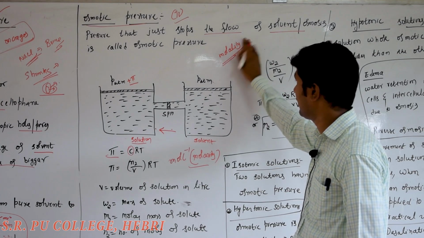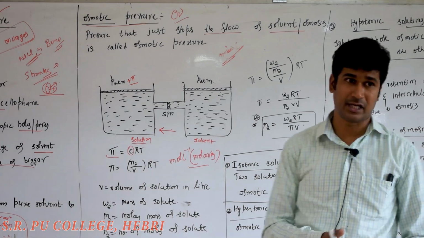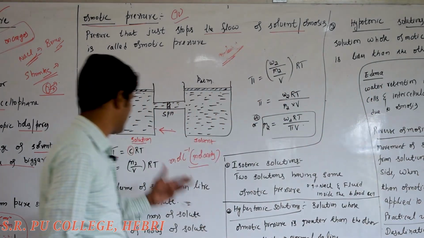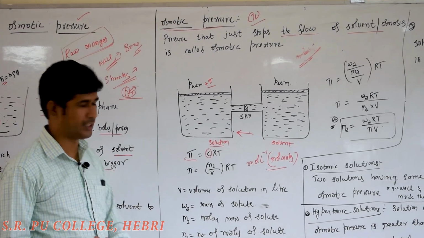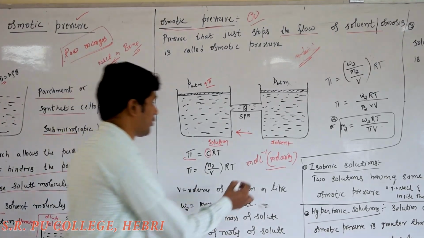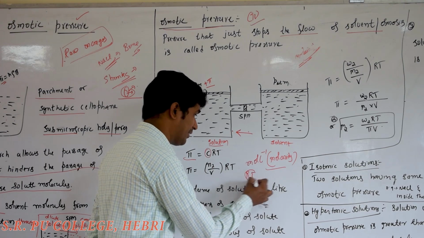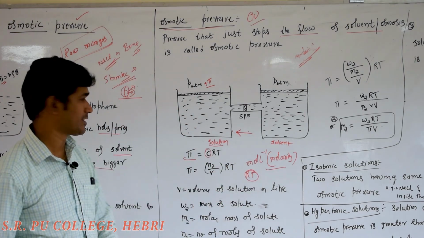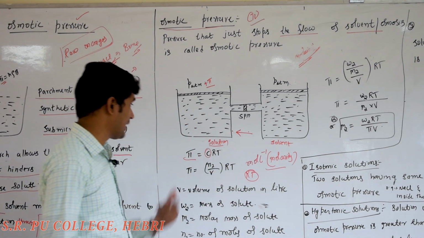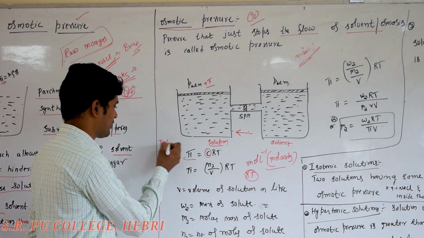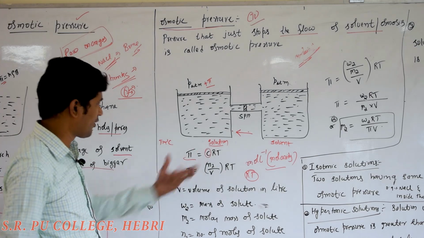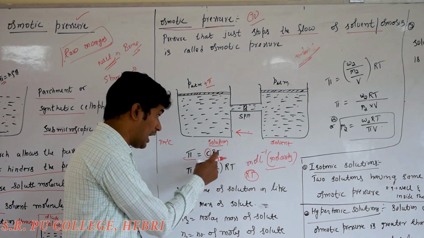Now we are taking molarity as the concentration term because in this experiment we are not going to change the temperature of the solution. This is measured at room temperature only. At a given temperature, osmotic pressure is measured. So pi is equal to CRT, or we can write pi is directly proportional to concentration.